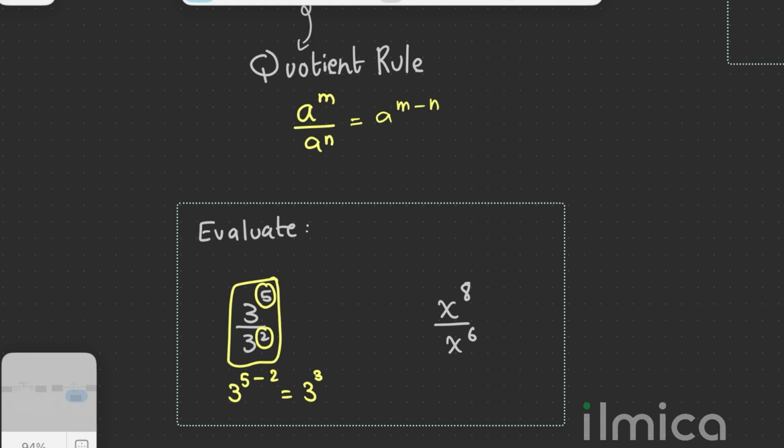Next, again, as I said before, these rules do not just apply to numbers, but also to unknowns. So again, if you follow the same rule, we get 8 minus 6 because 8 is the power at the top, 6 is the power at the bottom, and as a result, we get 8 minus 6, which is 2.